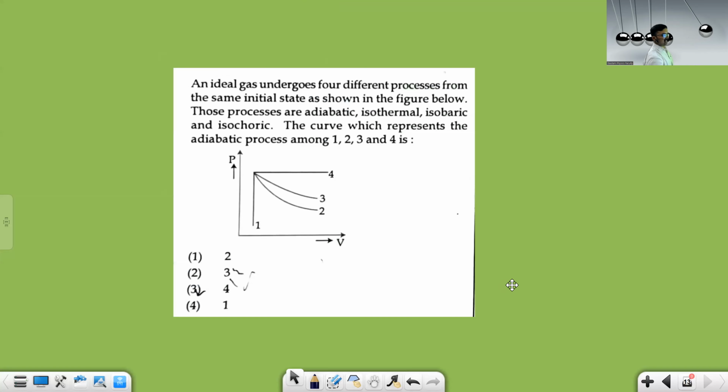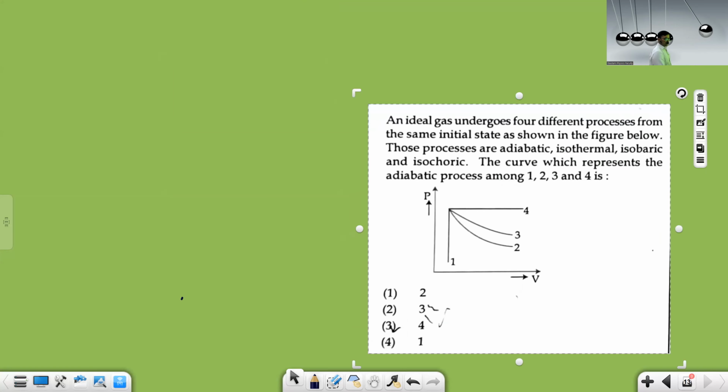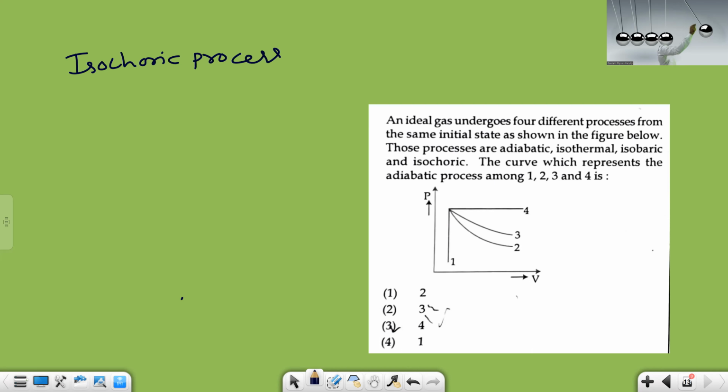In thermodynamics, one beautiful topic is about different types of process. Here we observe the graph between pressure and volume. The isochoric process means volume is constant.